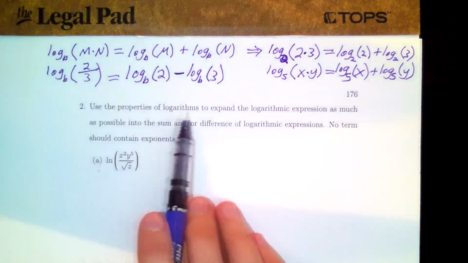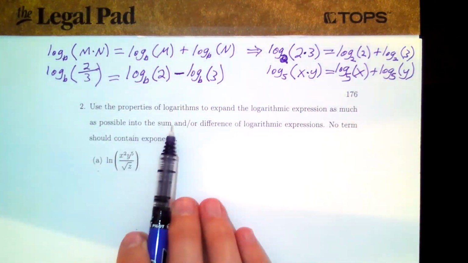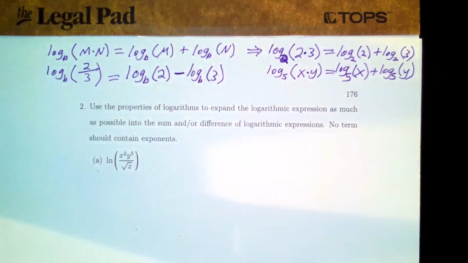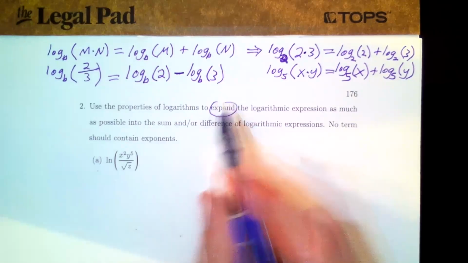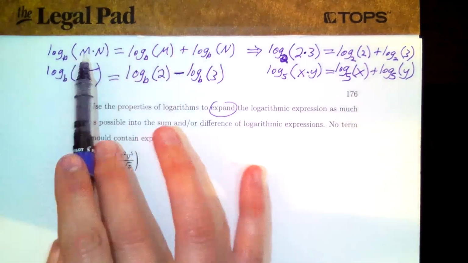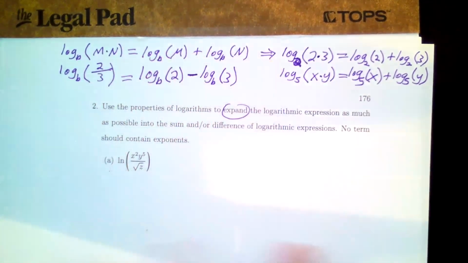It says use the properties of logarithms to expand these expressions as much as possible into sums or differences of logarithmic expressions. So when they say expand, that means we're going this direction. I'm going to start off with one log and keep splitting it, and I'll have a whole bunch of them at the end.